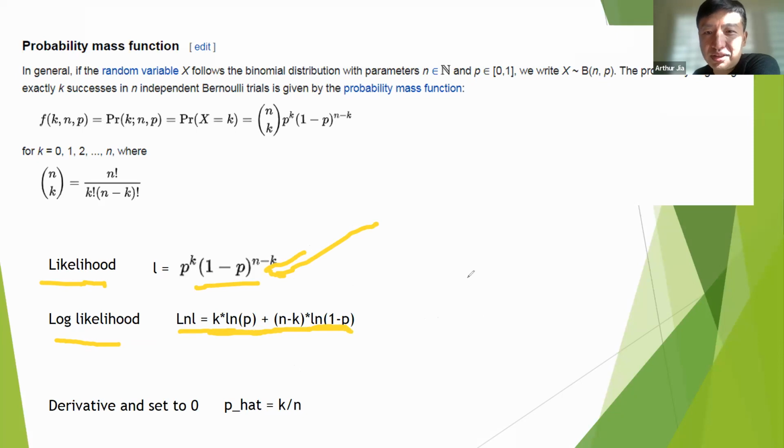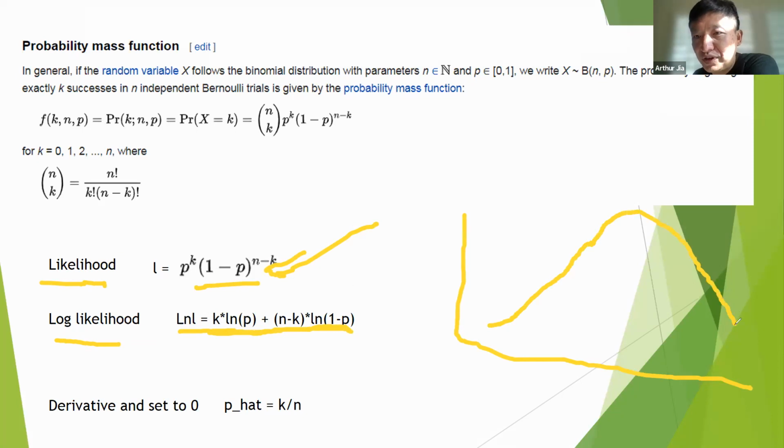As I showed you last time, the x-axis is the p. Here the p can take different values. If p takes a different value, you're going to get a different log likelihood here. Some are low, some are high.